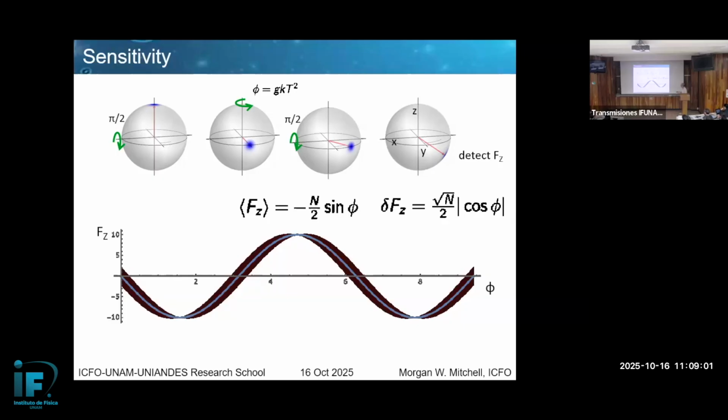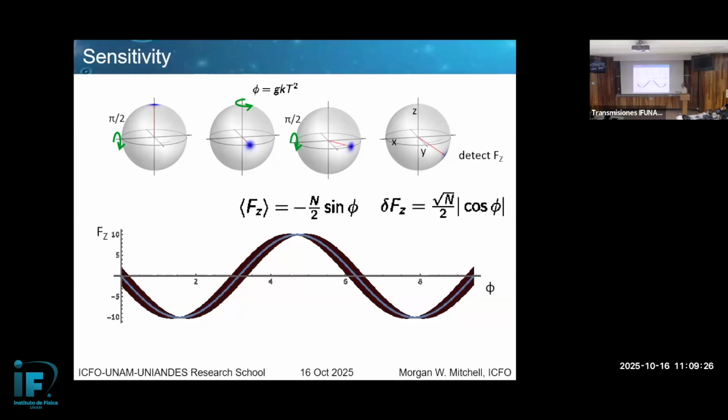Okay, so as a function of theta, Fz is on average this blue line, and then it can be larger or smaller, and the uncertainty is given. So this red band shows the blue line plus or minus delta Fz.